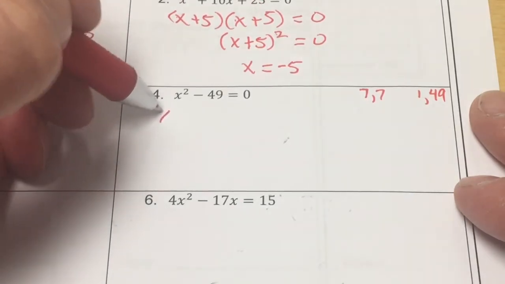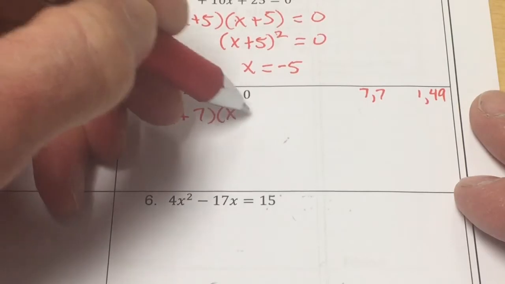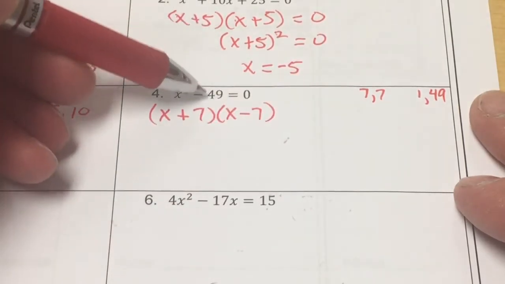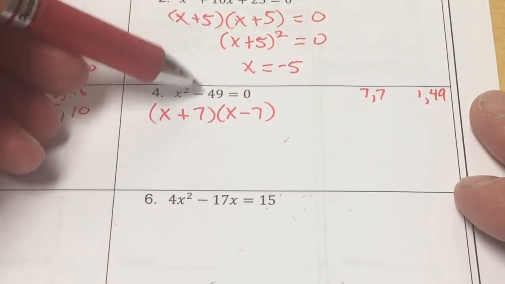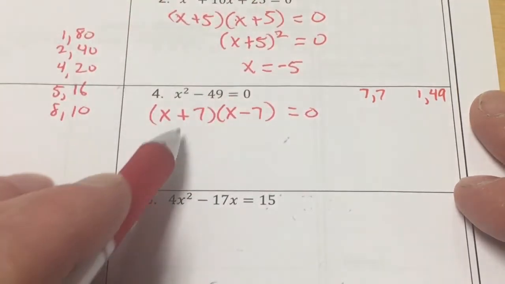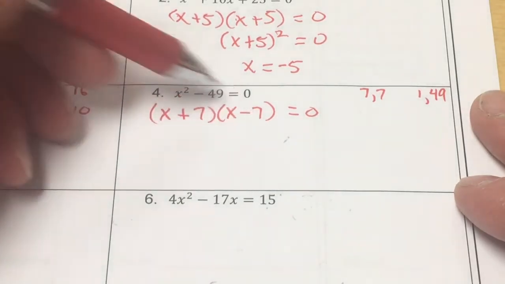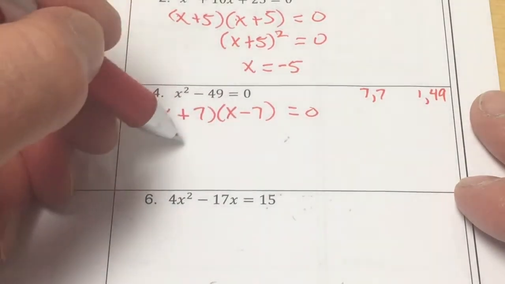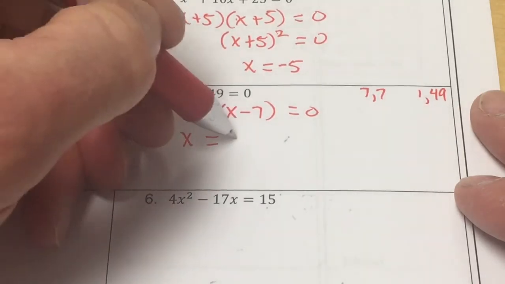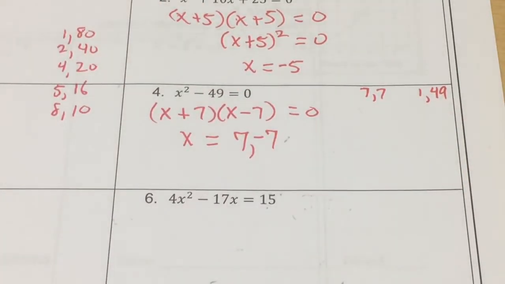We choose 7 and 7 because they're the ones that we can use to make a sum of 0, because this has no middle term. It's a 0x. So we would need plus 7 minus 7 to make 0 in the middle. But 7 times negative 7 is negative 49. And now you can see why the two answers are positive 7 and negative 7.